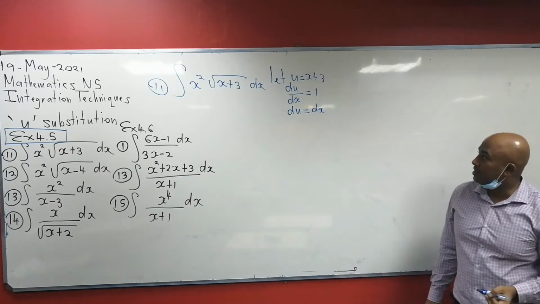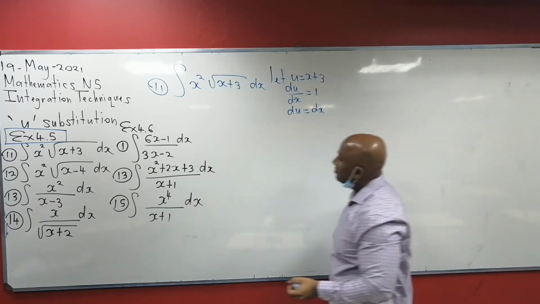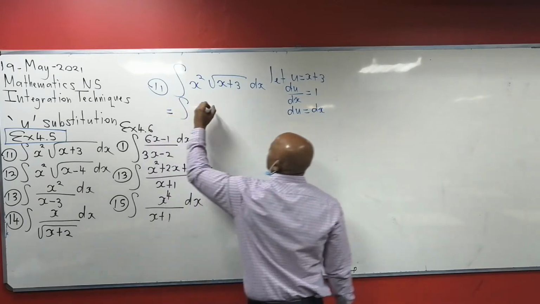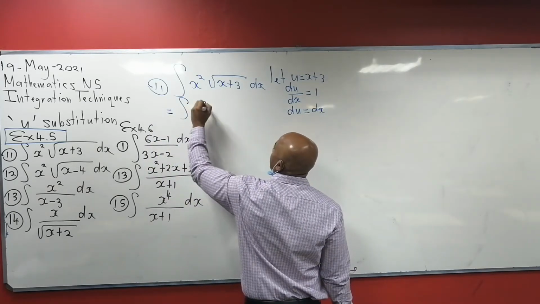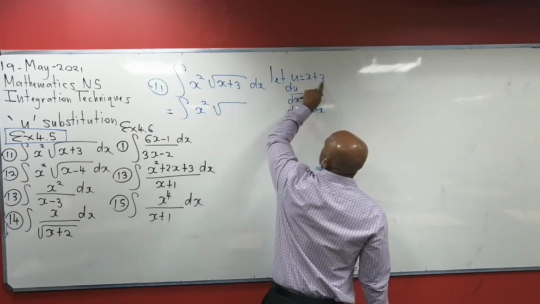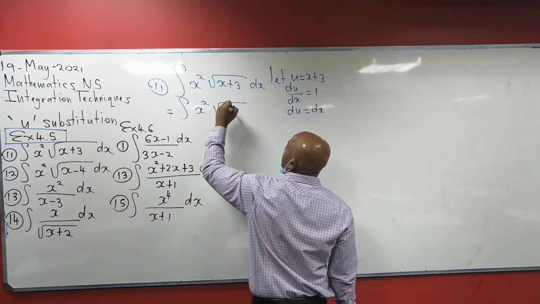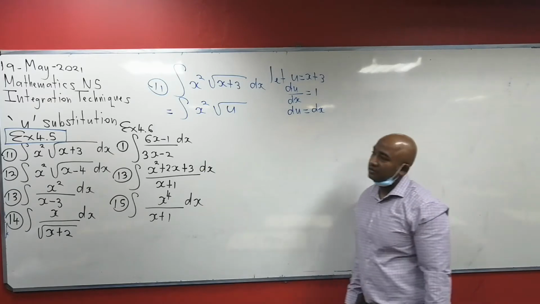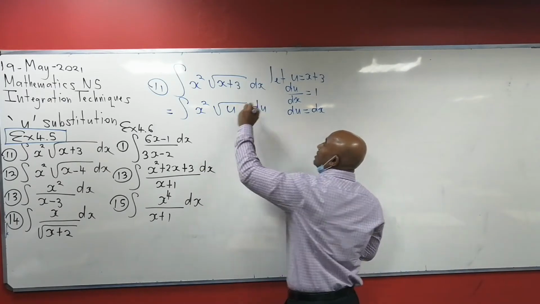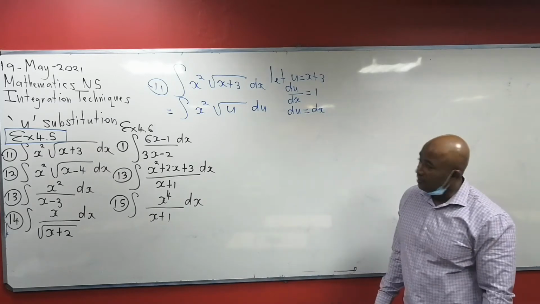So du is equal to dx. Now, let me do the substitution. So I got x squared there, and I got the square root of x plus 3, but x plus 3 is u. Dx is du.